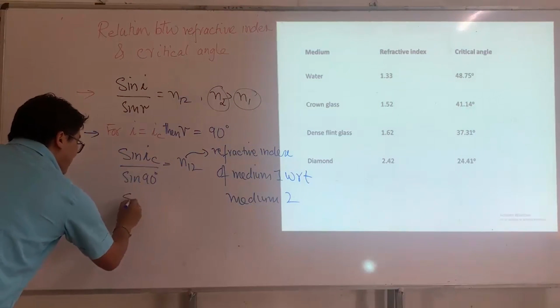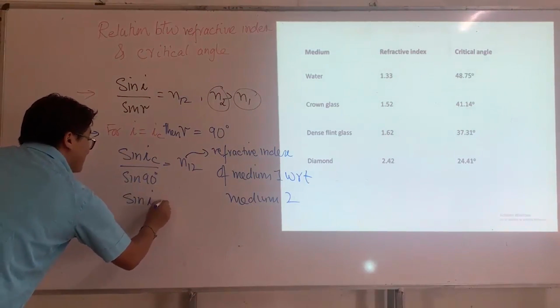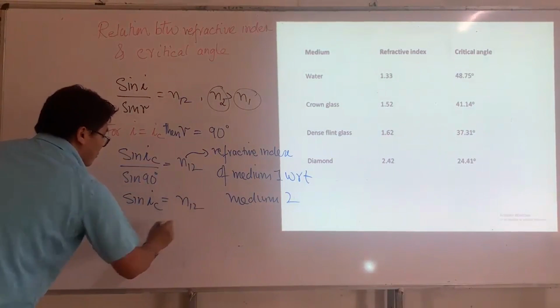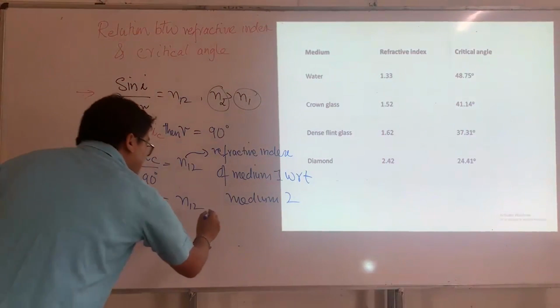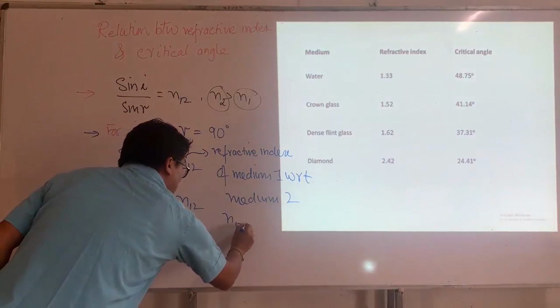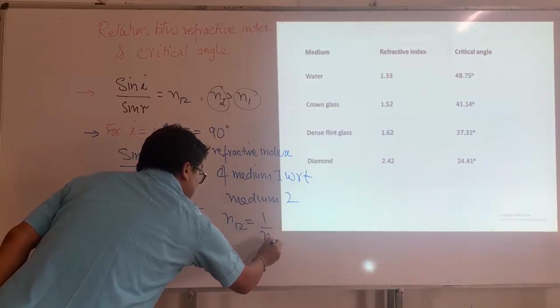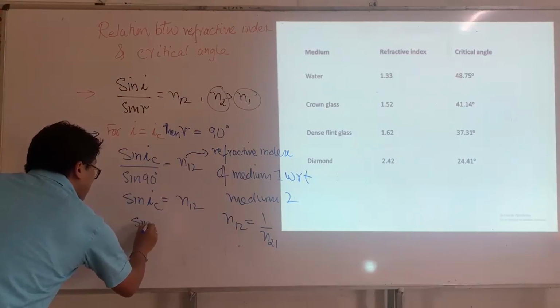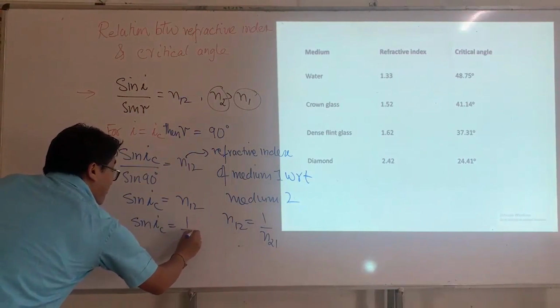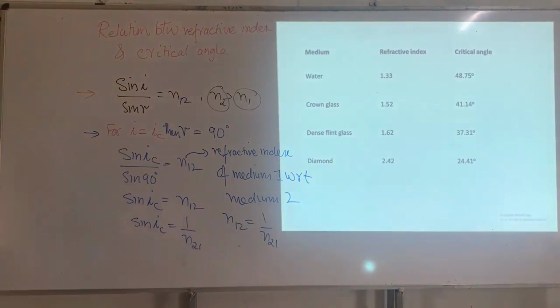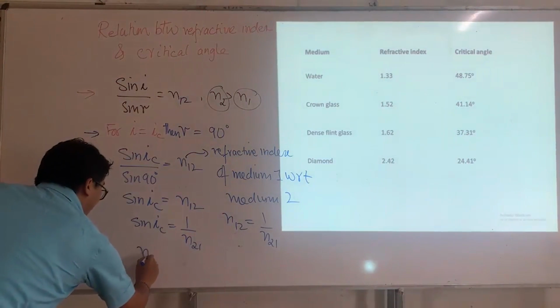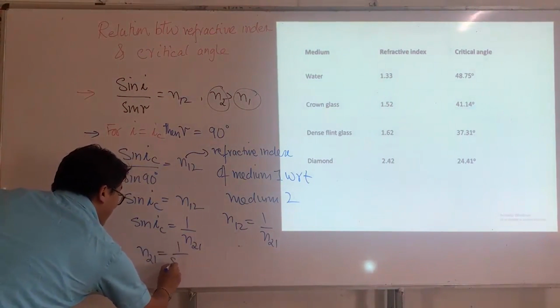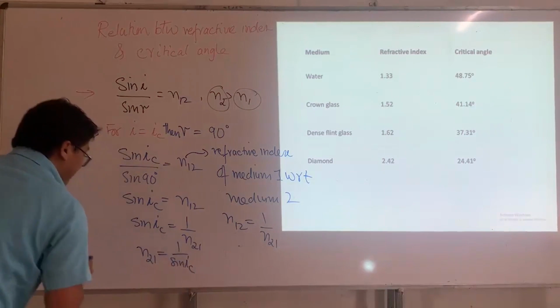Sine 90 is 1, so sine ic is equal to n12, and we have already derived that n12 is equal to 1 by n21. Therefore sine ic is equal to 1 by n21, and n21 is equal to 1 by sine ic.